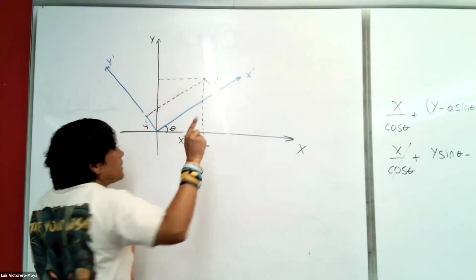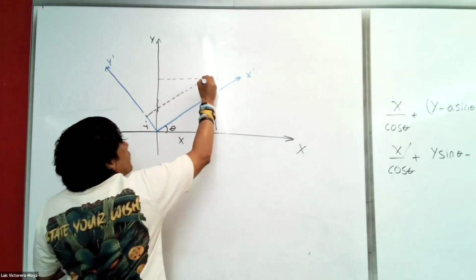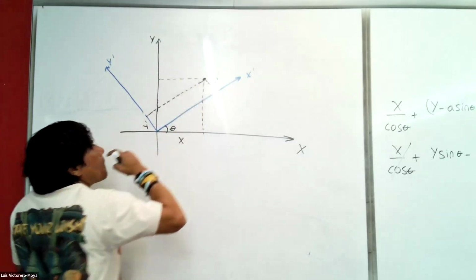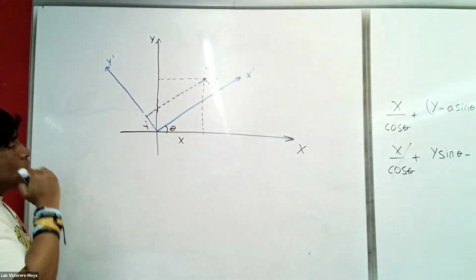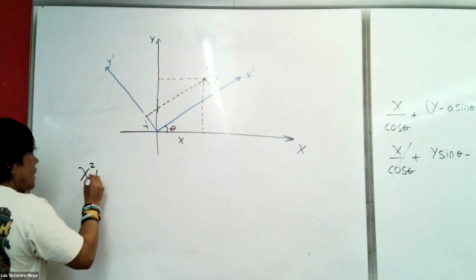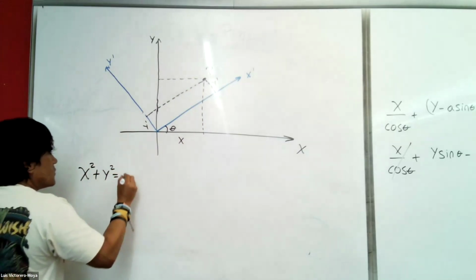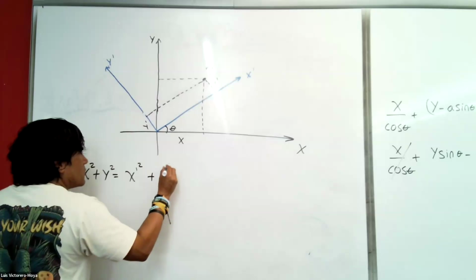Now the x prime is given in the sheet for this point P. They ask you first to prove that x squared plus y squared equals x prime squared plus y prime squared.